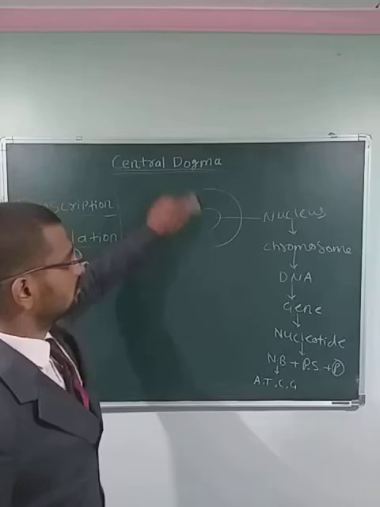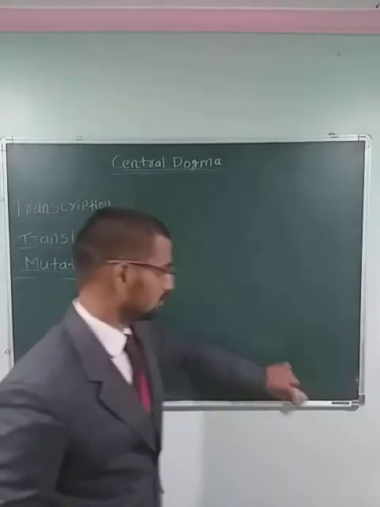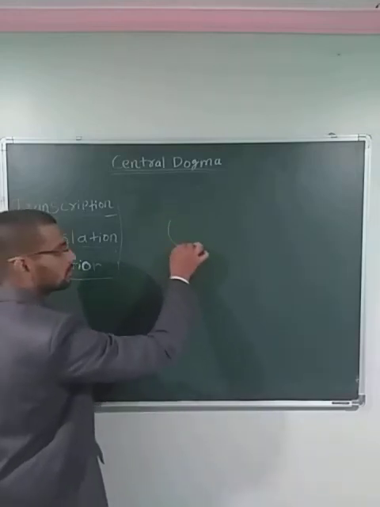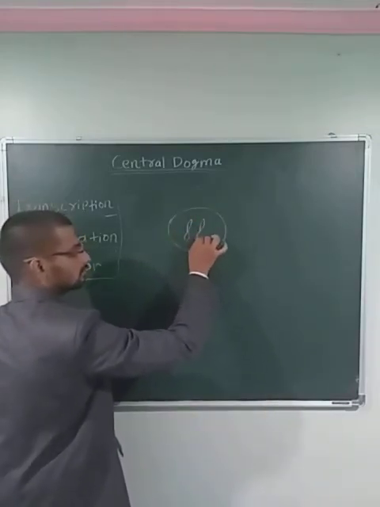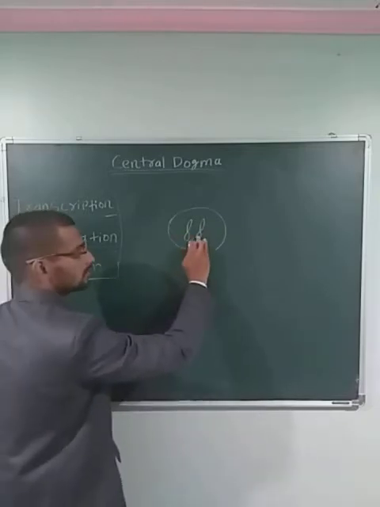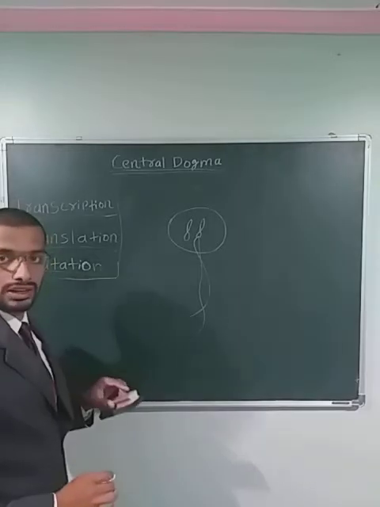So the transcription process mainly involves the nucleus. The nucleus contains chromosomes. The chromosomes are made up of DNA.